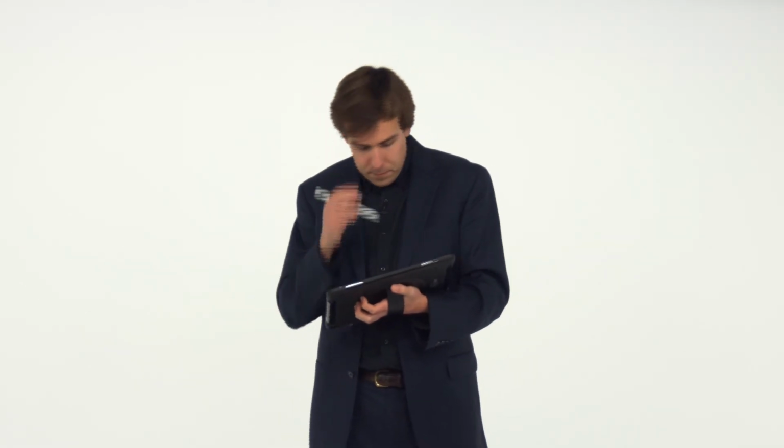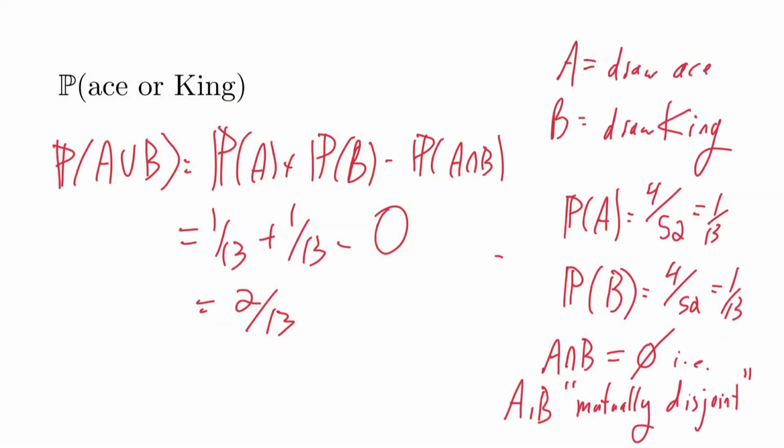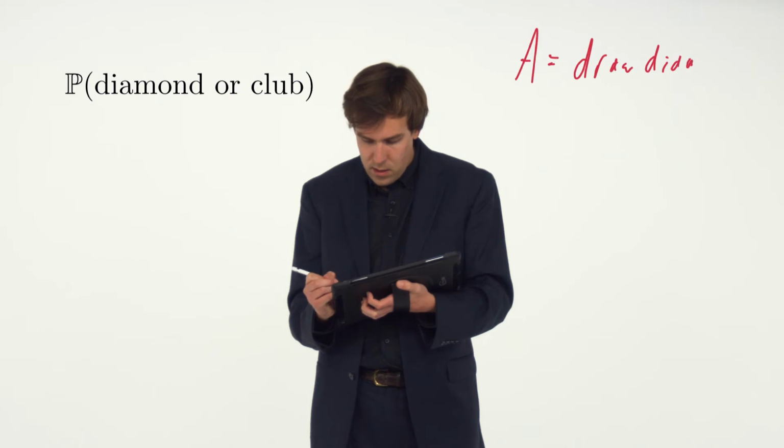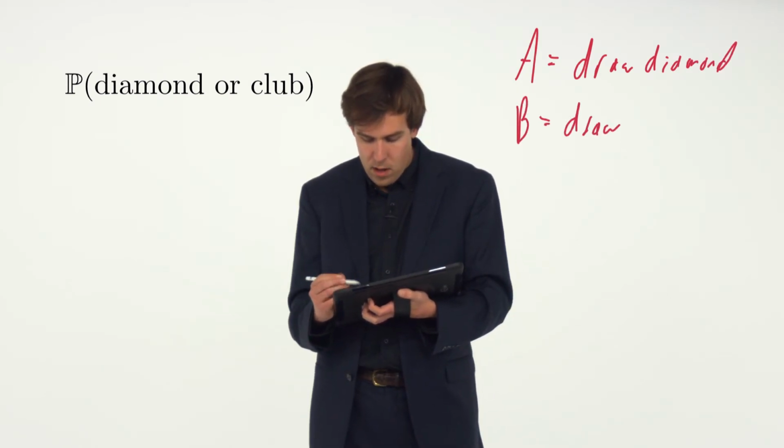One more example. So here we have the event A is draw a diamond, and the event B is draw a club.